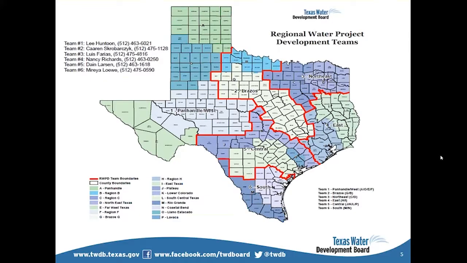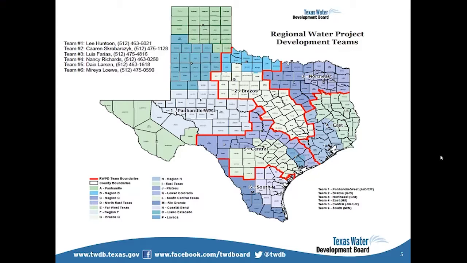This map might be a little hard to see from your screen, but we also have it available on our webpage. Going back to those 16 regional water planning groups, what we have done to make it a little easier for the utilities to get in contact with the right person, instead of jumping around trying to find someone to talk to or ask a question about our loans or grant programs that we have to offer, and also just projects in general for your utility, is to break those up into 6 different teams and put a central point of contact for each of those teams.